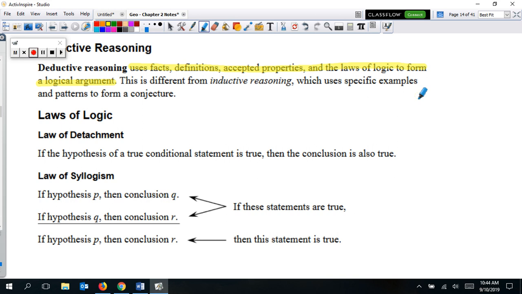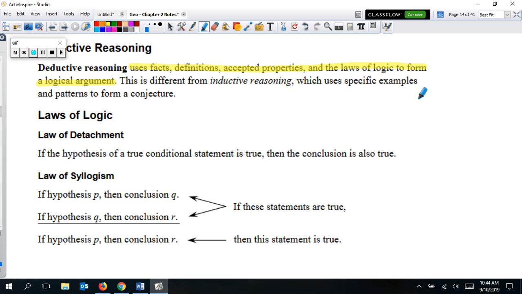So we understand facts, okay? We know what facts are, okay? We know what definitions are, like we've talked about the definition of collinear points. Those are points that lie on the same line. That's a definition of what collinear means, points that lie on the same line. Yeah, that's a definition. We can use that with deductive reasoning.